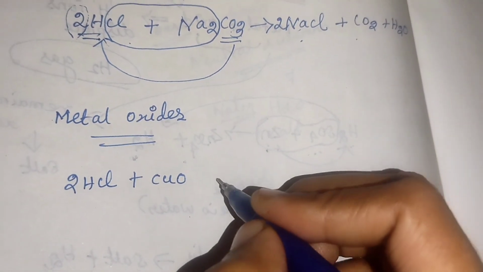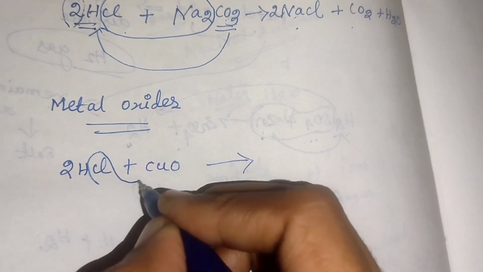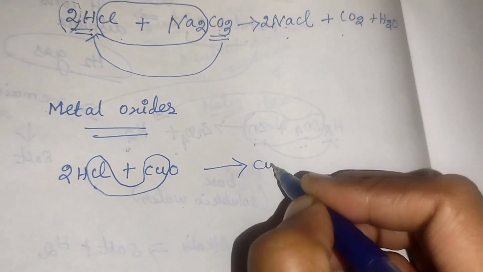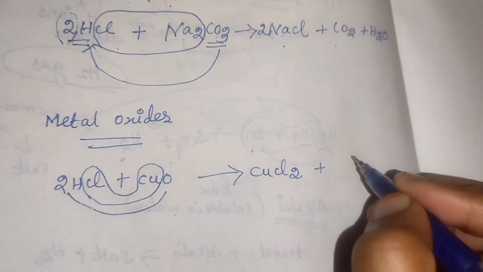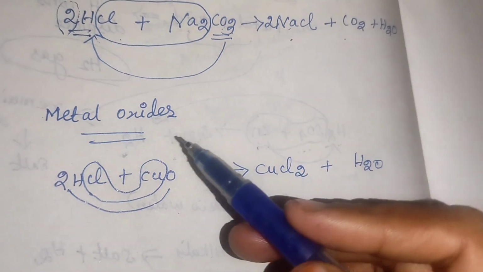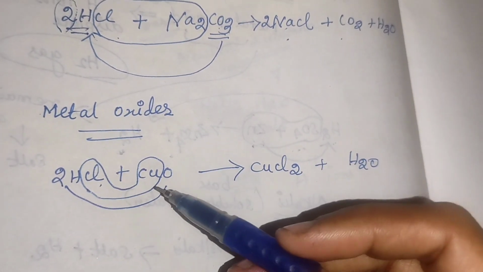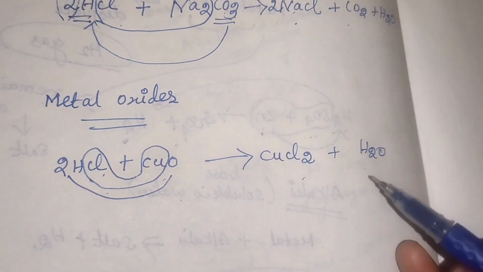What will come out? This Cl and this Cu will join, CuCl2, copper chloride, plus H2O, water will come out. So when a metal oxide, copper oxide, is reacting with acid, salt plus water will come out.